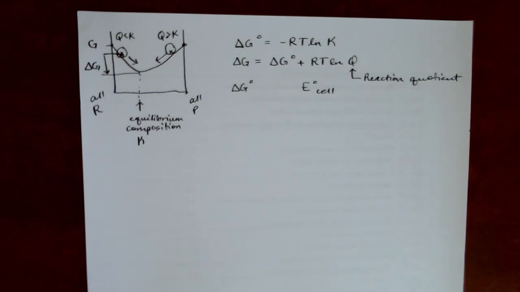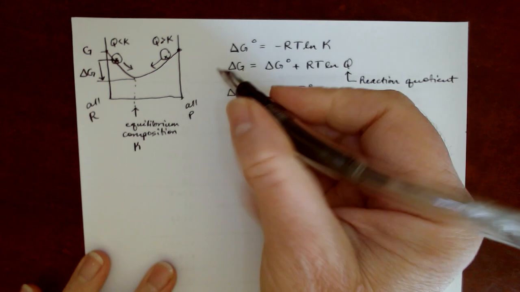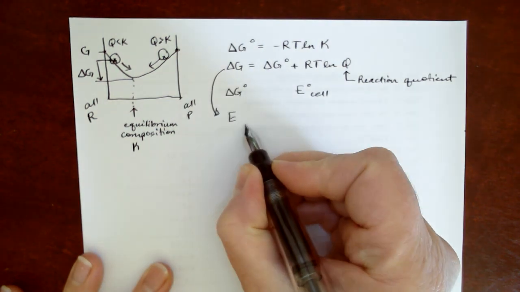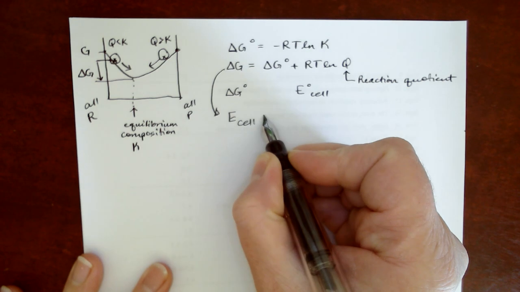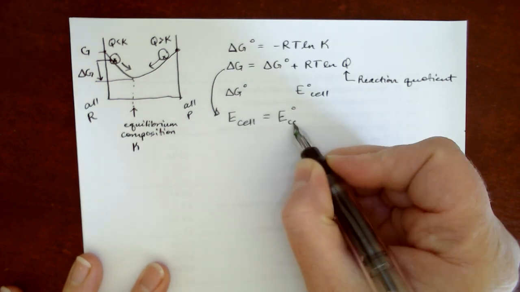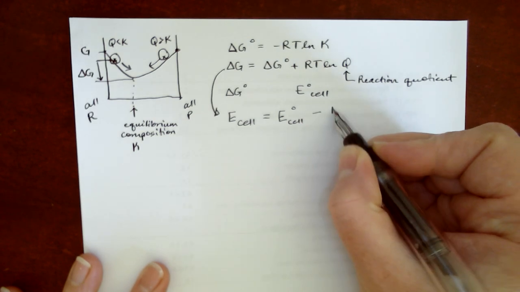And so similarly, we can take this equation and turn this into our cell potential for a situation when we don't have standard state conditions or equilibrium conditions, and that is this equation.